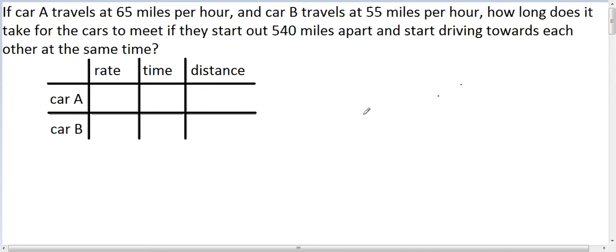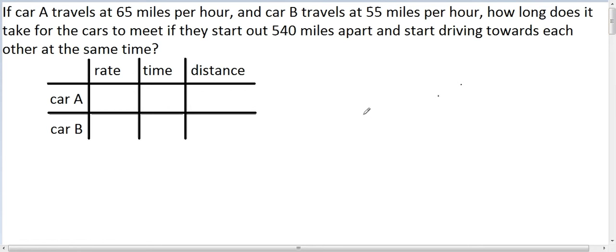To organize the given information into a table, first of all, we need to remember that we're working with two cars, car A and car B. So we use two of the rows and write information about car A and car B in those rows.